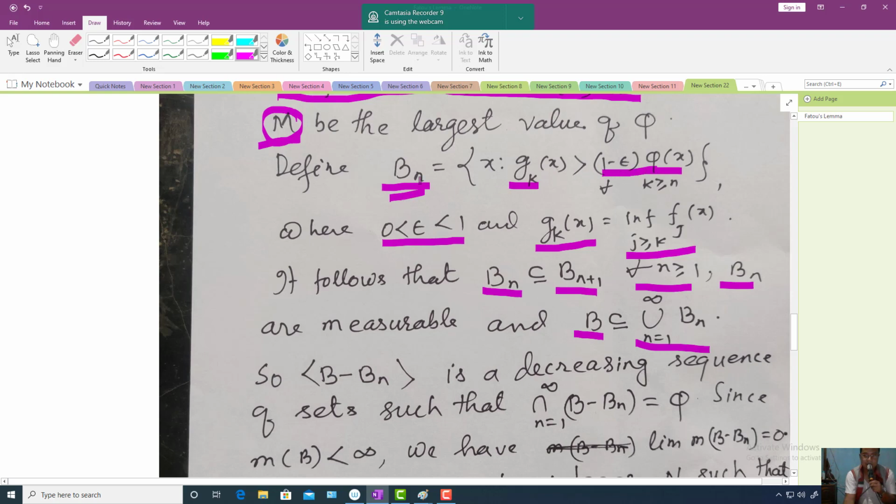That means at the points of Bn the function g_k x is going to be non-zero. B is where phi x is non-zero, so if phi x is non-zero, g_k x is going to be non-zero. That means B is going to be a subset of the union of Bn, n going from 1 to infinity.